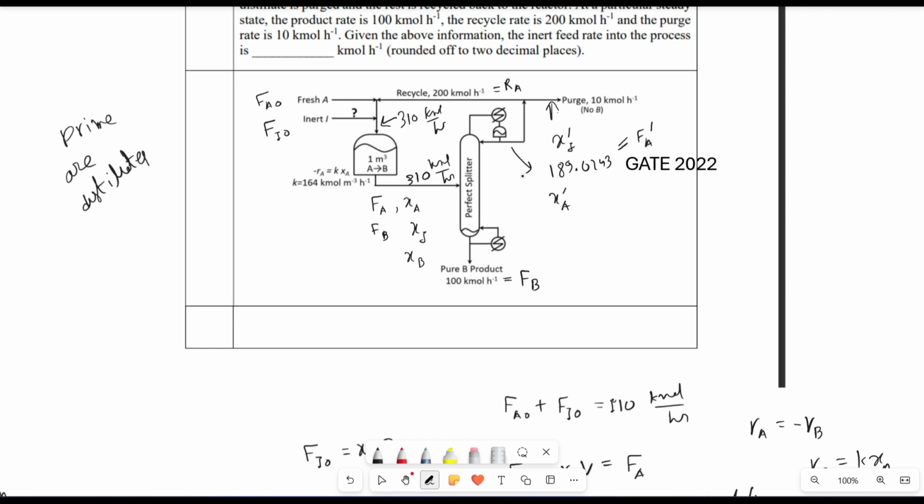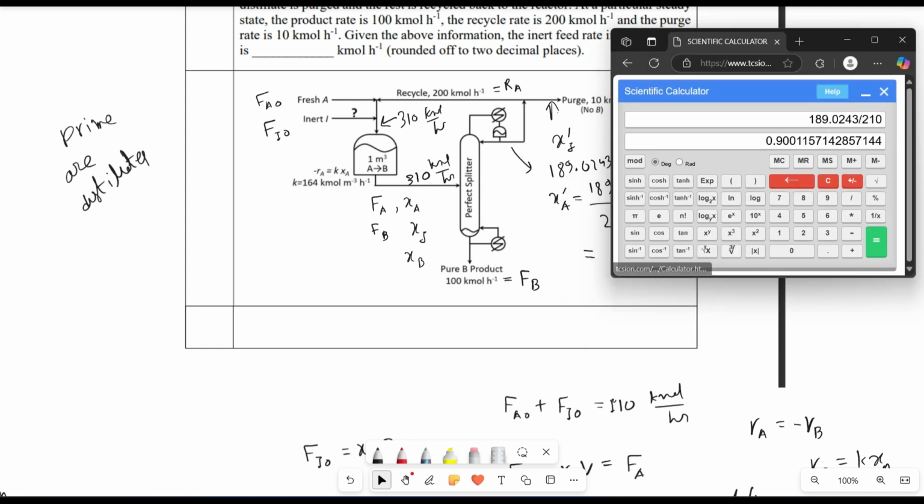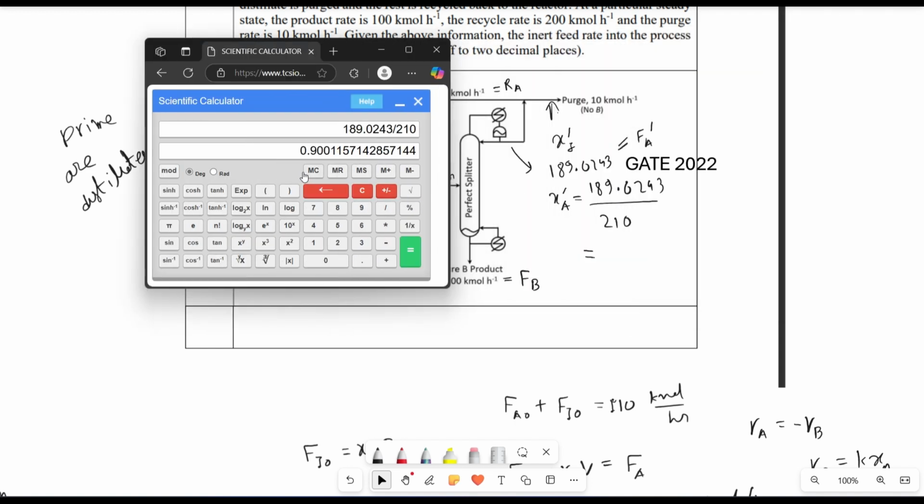So X A prime will be 189.0243 divided by 210, which is 200 plus 10. This value is equal to 0.90011.